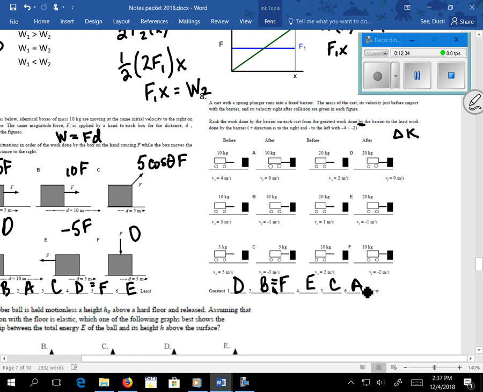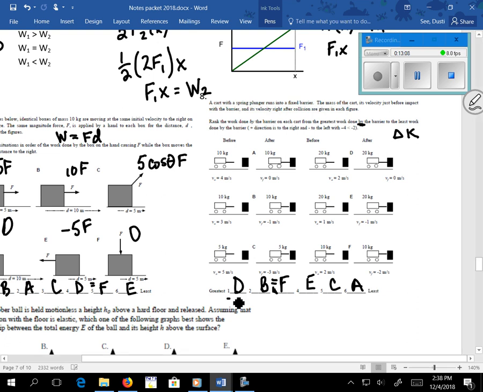Because A, when you find the actual change in kinetic energy, should be a negative 80. Whereas B should be a negative 40. C should be a negative 50. And D is a negative 20. And E is a negative 47.5 and F is a negative 40.